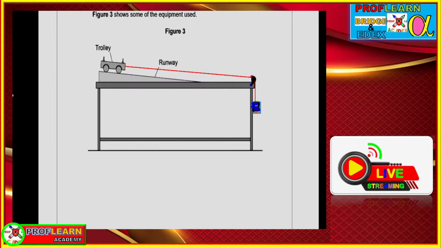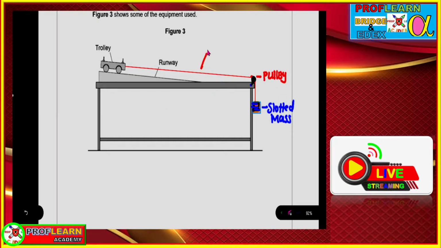Of course, which means that in order to explain this, okay, let us just label the parts first, guys. These are what we call slotted masses. Slotted mass. Then we are going to have a frictionless pulley at this given point.